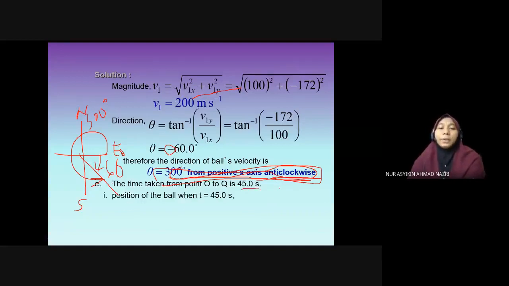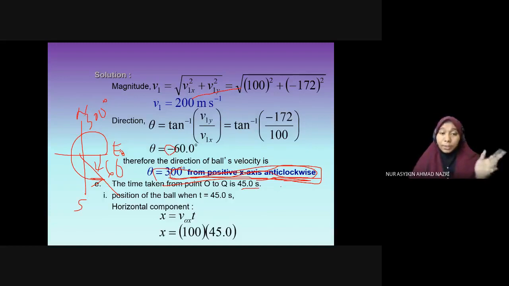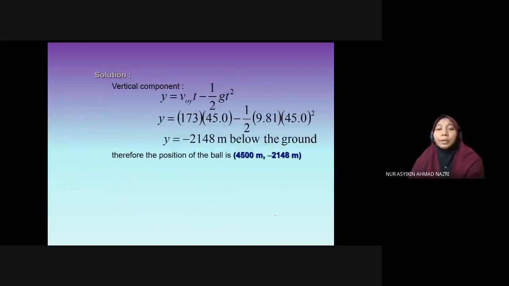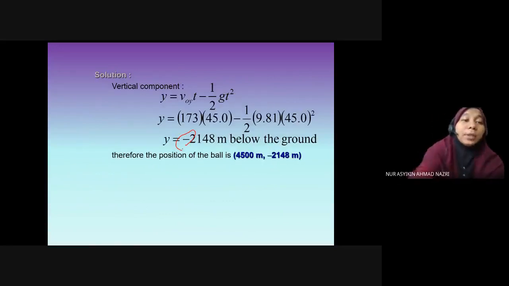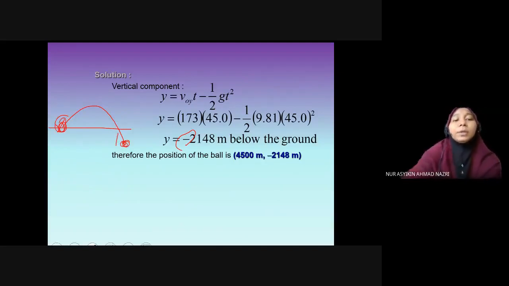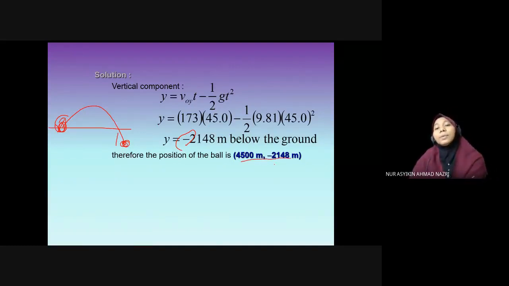Okay, so E ni position of the ball when T equal to 45 second, sama juga macam step yang soalan A tadi. Buat macam ni, and then you get your X, and then you get your Y. So masukkan dalam coordinate macam tu. So nampak tak Y dah negatif. Maksudnya dia dah lebih kita punya parabola ataupun lebih daripada dia punya original point. So dia dah bawah sini lah, somewhere around here. So that's the coordinate. So from here kita tahulah memang spesifik macam ni.